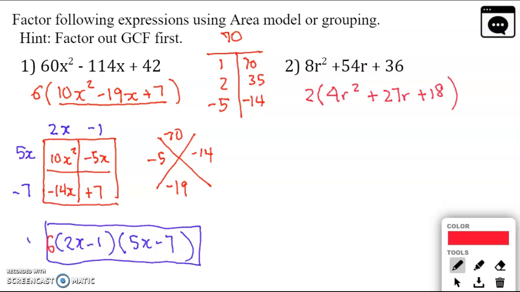Now I just need to solve my diamond. Okay, 4 times 18 is going to be 72. And the middle term is 27.